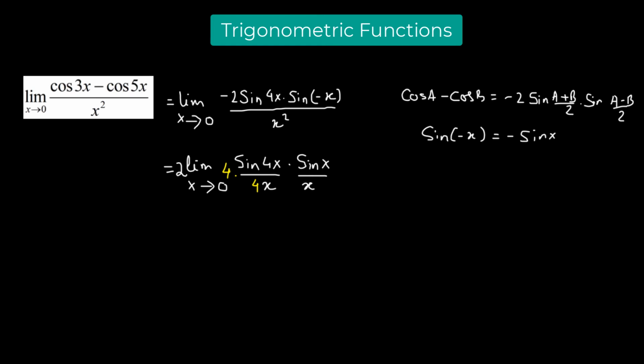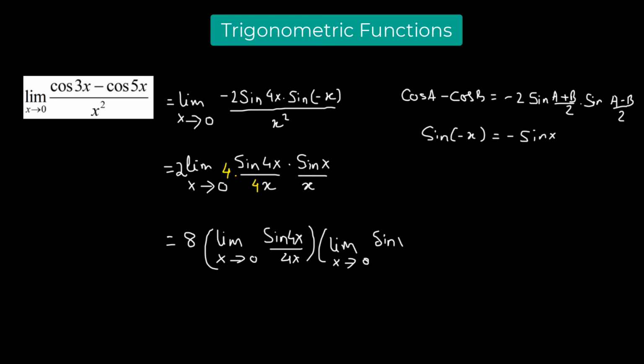So that is going to give us 2 times 4 is 8. So we have the limit as x tends to 0 of sin 4x over 4x multiplied by the second limit, the limit as x tends to 0 of sin x over x, which is equal to 8, because the limiting value of sin 4x over 4x is 1, so is the limiting value of sin x over x.